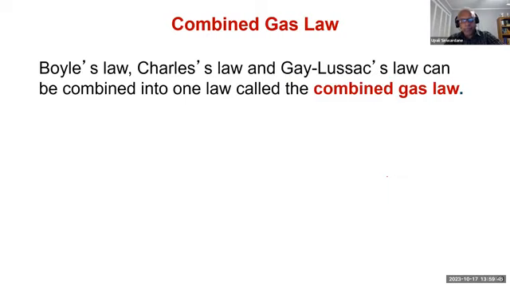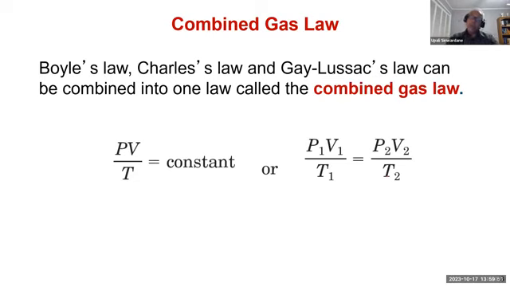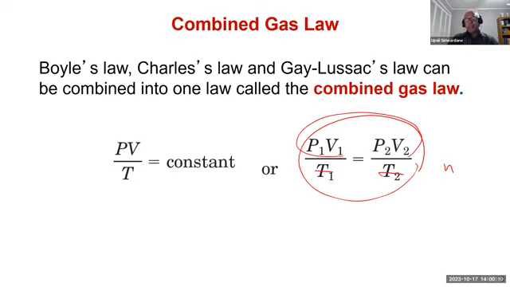As I try to explain, three gas laws could be combined into one gas law called combined gas law. Boyle's law, Charles' law, Gay-Lussac law can be combined into combined gas law. Now you have a combined gas law. If you hold temperature constant and the amount of substance N is constant, it goes to Boyle's law.